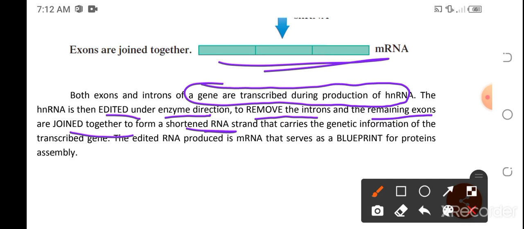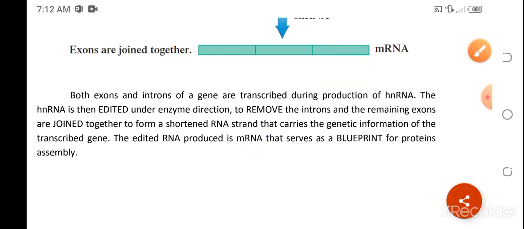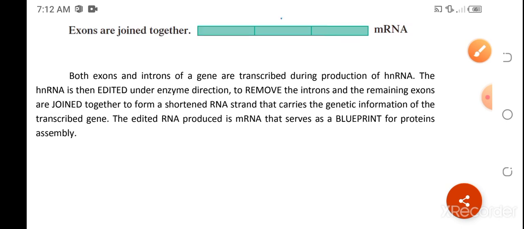So, syempre, mas lumiit na yung mRNA kasi nga natanggal na yung mga introns. And only the genetic information is being retained on this type of RNA, such that this mRNA or the edited RNA is now the mRNA, which serves as the blueprint for protein. So wala na yung mga walang message.